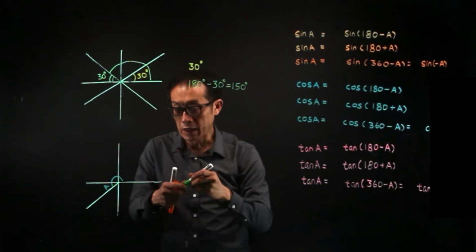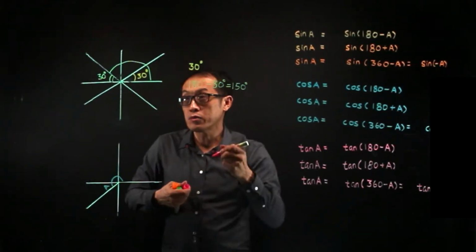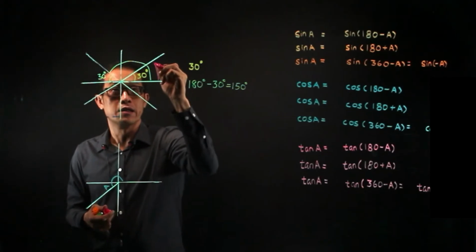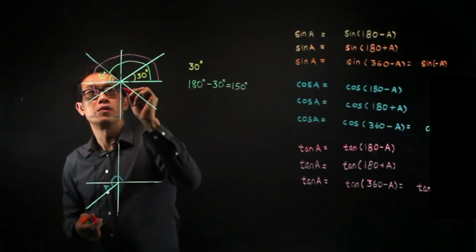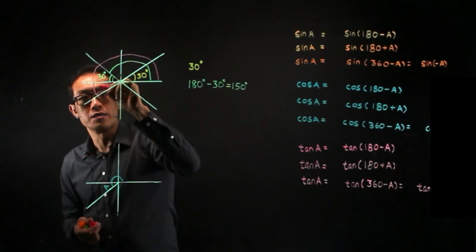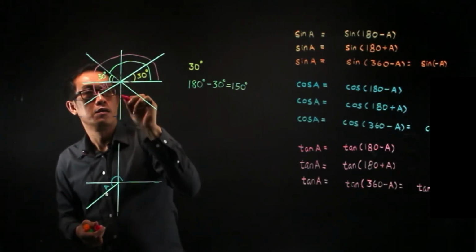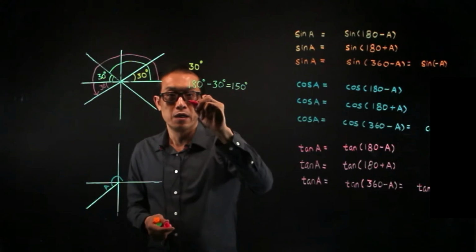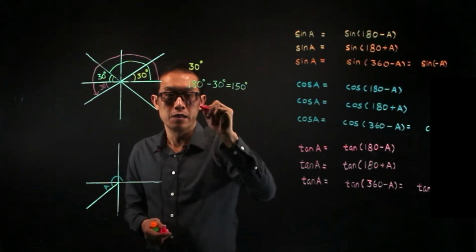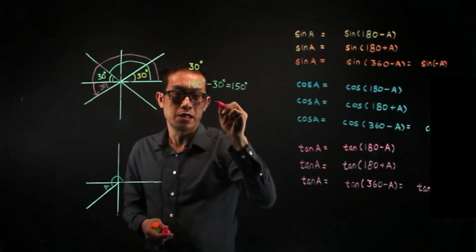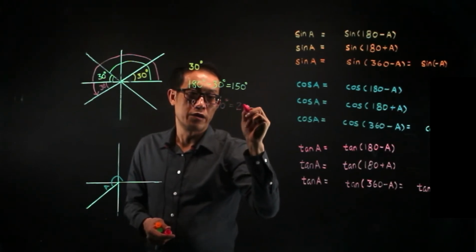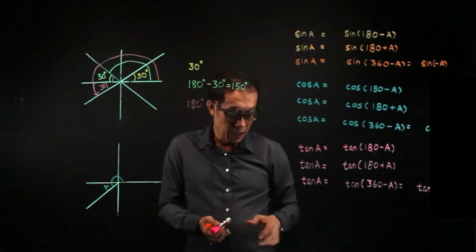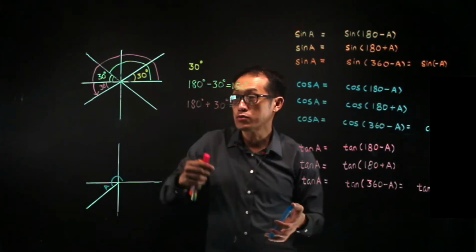Now, what is the other one? The other one will be this one, up to here. Now this angle is 30, so the other one will be 180 plus 30. So it's 210. Now how about the last one?